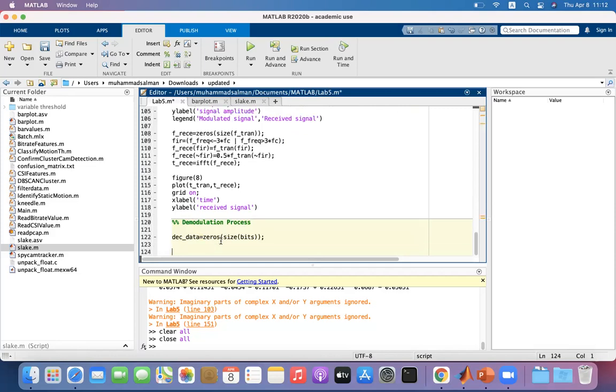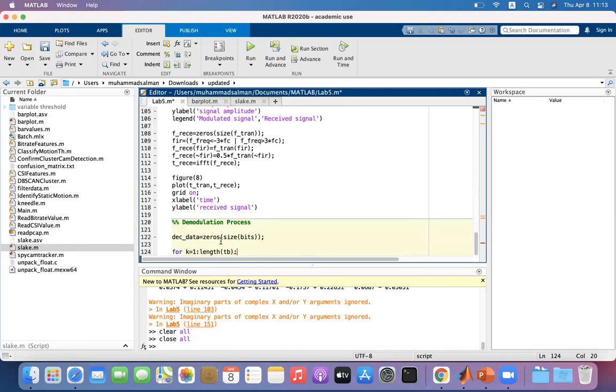So this process, as I told you, is the correlation process, and this is how we can recover our signal from the previous one. So I don't have to explain that again. So for k is equal to starting from 1 colon, then the jump is the offset, and the offset is TB, the bit duration, or the length of bit.